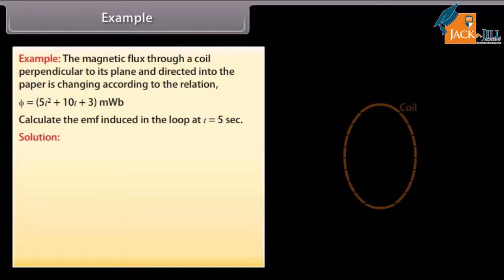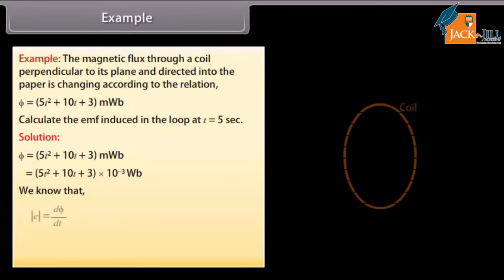Let's see the solution. Given phi is equal to 5t square plus 10t plus 3 milliweber, it can be written as phi is equal to (5t square plus 10t plus 3) multiplied by 10 raised to the power minus 3 weber. We know that E is equal to d phi by dt.